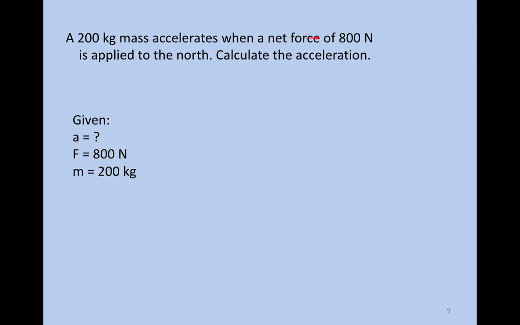The mass is 200 kilograms. F equals ma, rearranged to solve for a, is a equals F over m. So we divide by m on both sides of the equation to get this equation as follows.